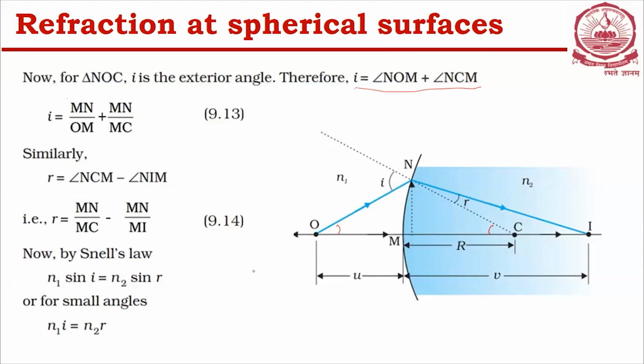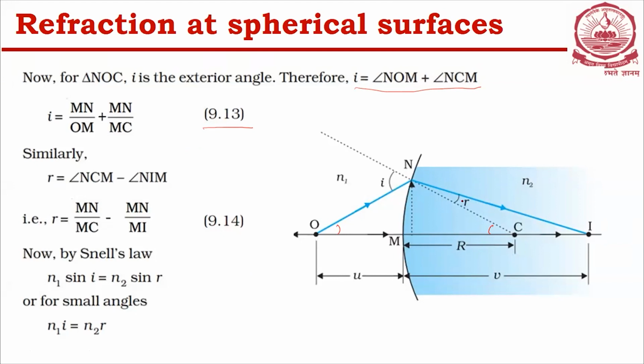You already know what NOM and NCM are, so I am substituting here in equation 9.13. Similarly, for r, how do we write r?